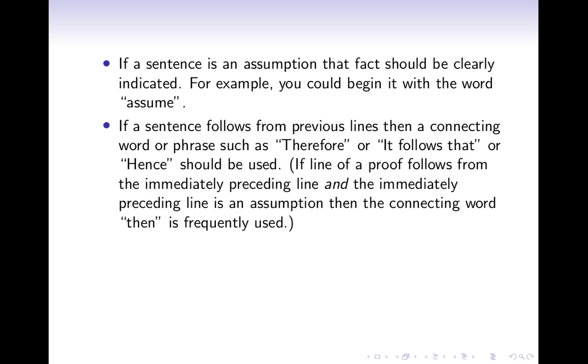If it follows from previous lines, then using words like therefore or hence are helpful to alert the reader that this sentence in the proof is following from previous lines. And it's sort of a convention. If a line of a proof follows from the line right before it, then the word then is frequently used.